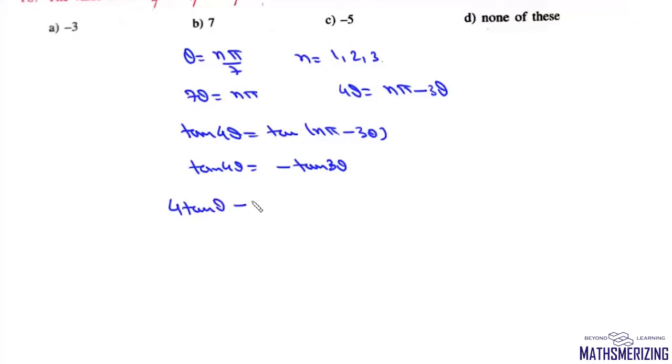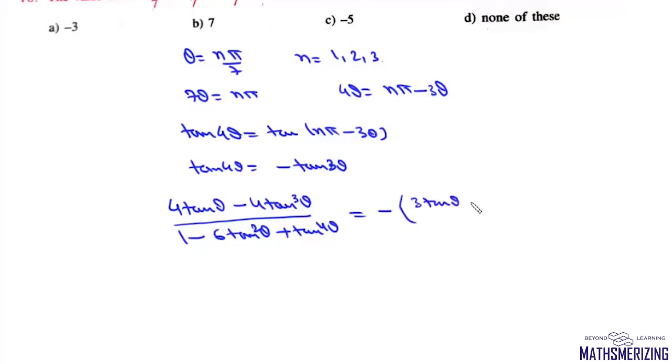4 tan theta minus 4 tan cube theta upon 1 minus 6 tan square theta plus tan to the power 4 theta, and tan 3 theta is 3 tan theta minus tan cube theta upon 1 minus 3 tan square theta. Now we can take tan theta common from both sides.